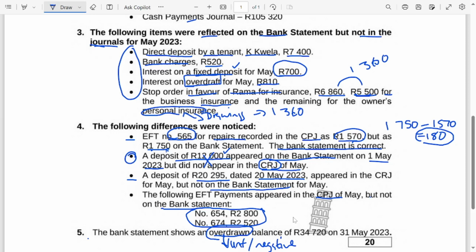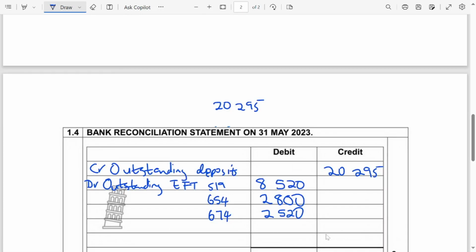That is why the bank overdraft in the bank statement must be on the debit side. So 34,720. So it is debited. Balance as per bank statement.